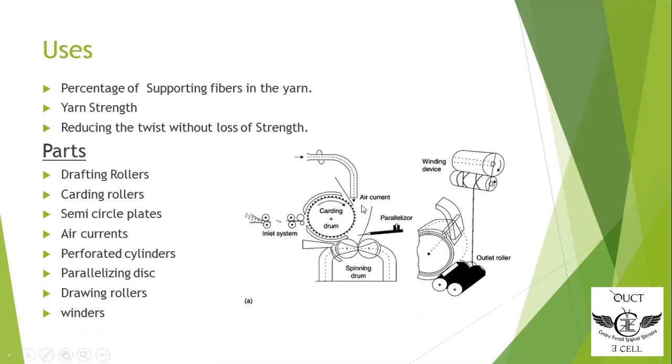This is the process diagram. This is the opening or inlet system. This is the drafting rollers, and from here the sliver.